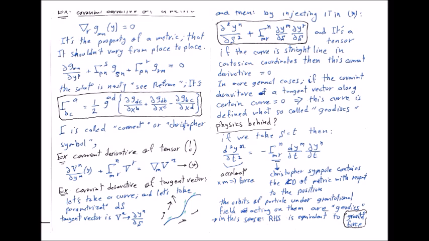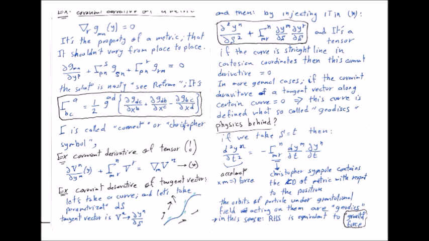So by injecting it in the formula, I get Tmn equals dxr over dym multiplied by dxs over dyn multiplied by dVr over dxs. The question here is, is this equal or not to dVm over dyn?